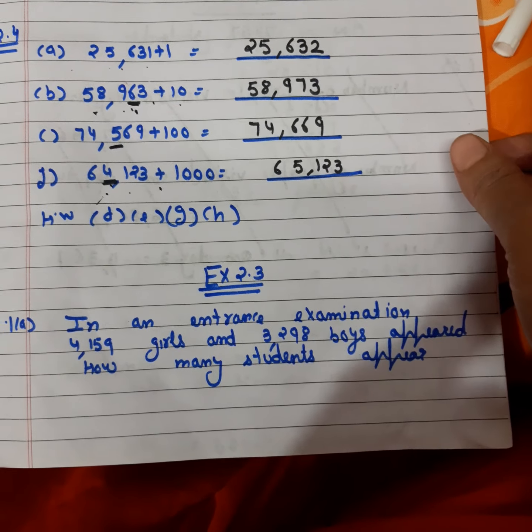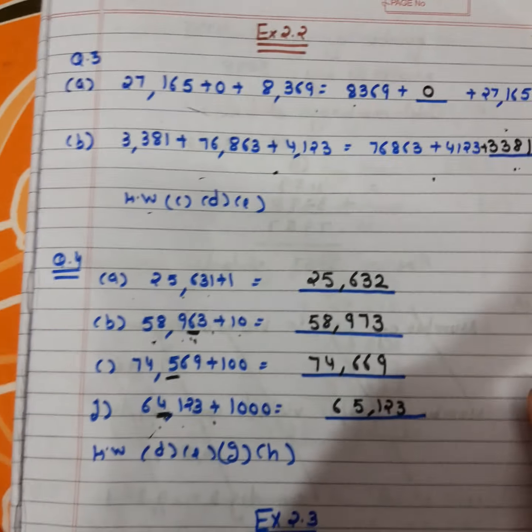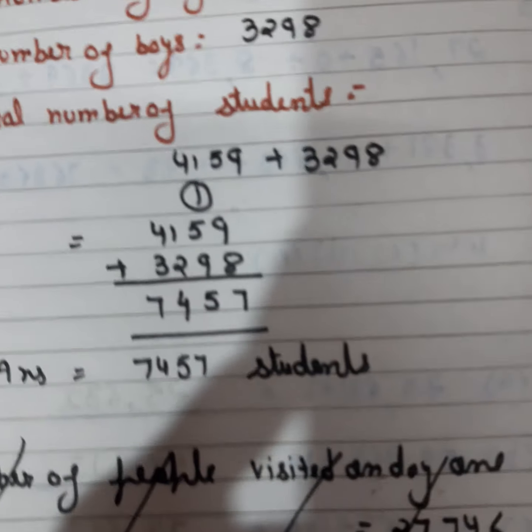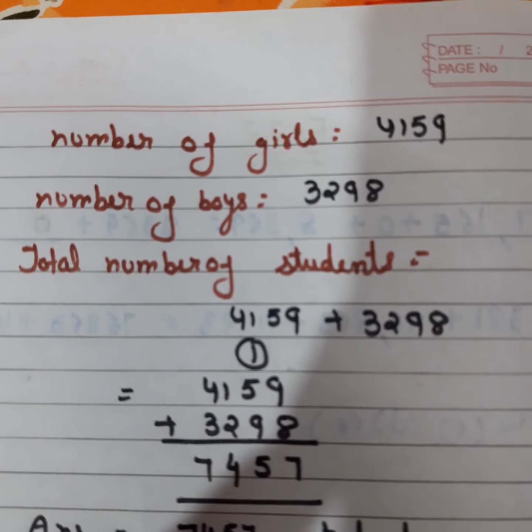I know this thing that in case of calculating the total number of the students, I have to just add the number of the boys with the number of the girls. Clear?